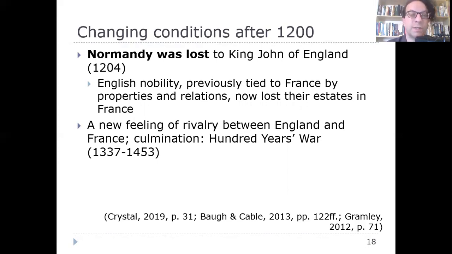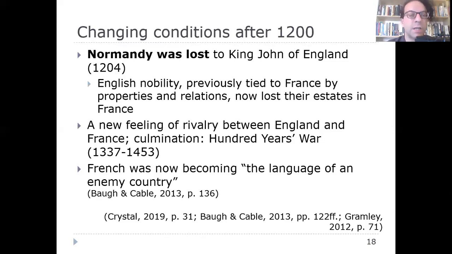Another thing that happened was a new feeling of rivalry between the two countries, which culminated in the long period now known as the 100 Years' War. This was not a war, this was a long period of open hostility between England and France. So French was now slowly becoming the language of an enemy country.